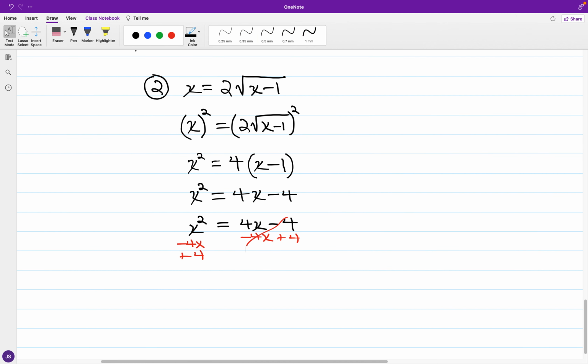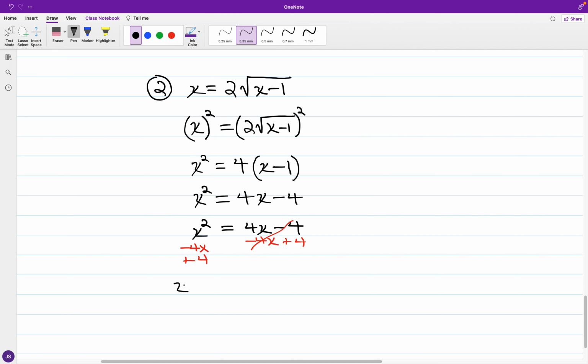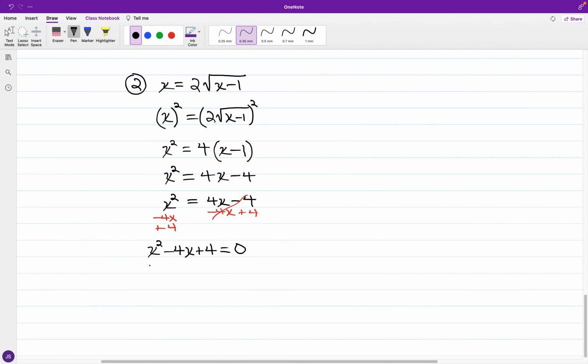So in the rewrite, we're going to have x squared minus 4x plus 4 is equal to 0. And here we have a factorable trinomial expression.